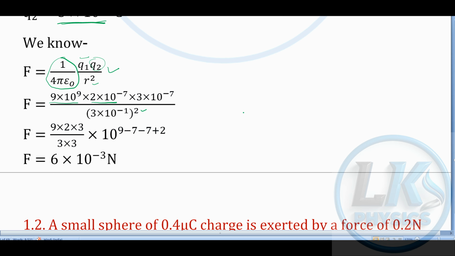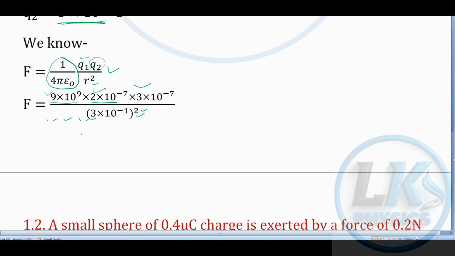Now, first of all, put the numbers on one side and the powers on the other side. There are numbers 9, 2, 3. Here, this is a square, so we take 3 into 3.